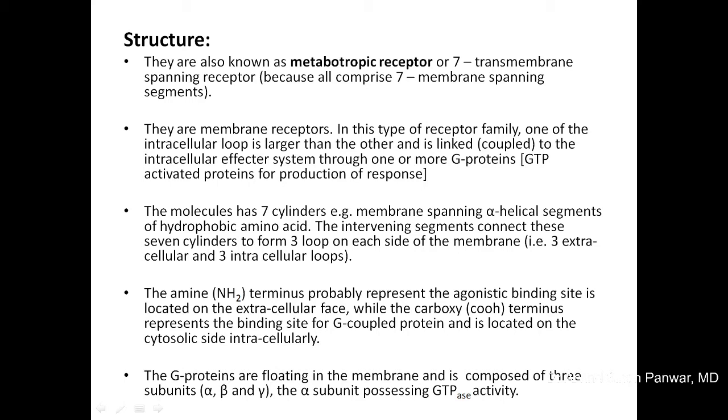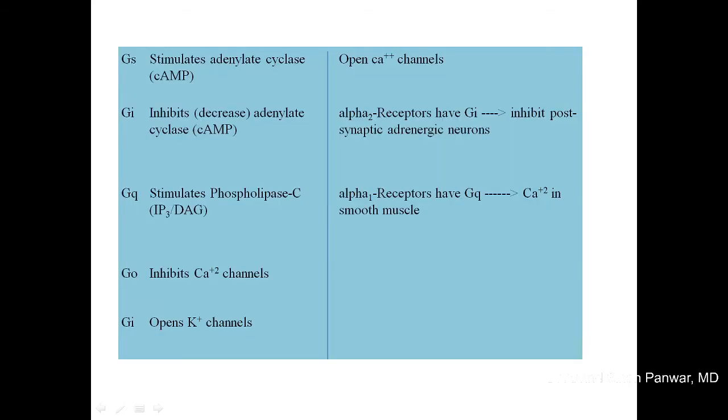A few important ones are, as you see in the diagram, number 1, Gs specific receptor. It stimulates adenylate cyclase and cyclic AMP, which ultimately leads to opening of calcium channels. The second one is Gi specific receptor, which inhibits, or decreases, adenylate cyclase and cyclic AMP.